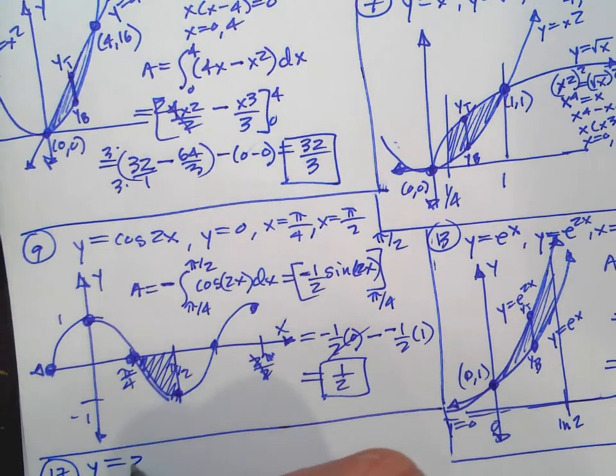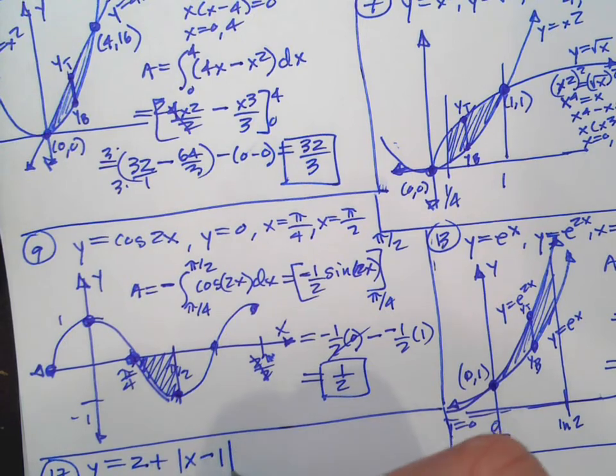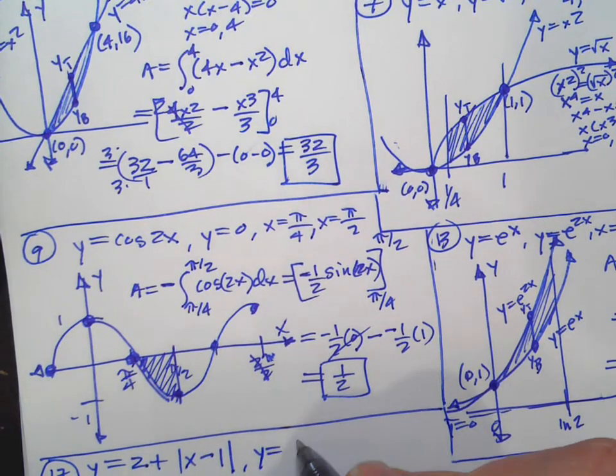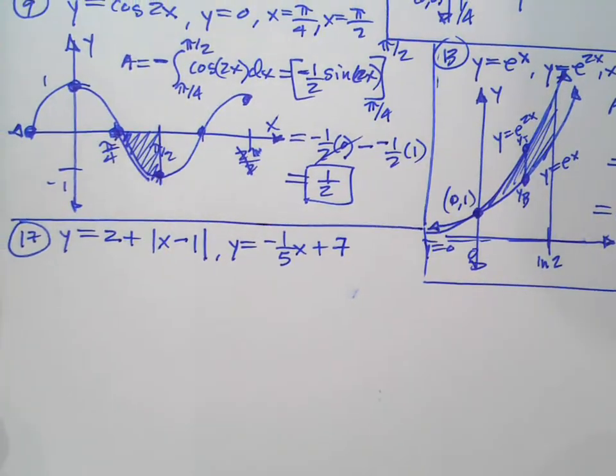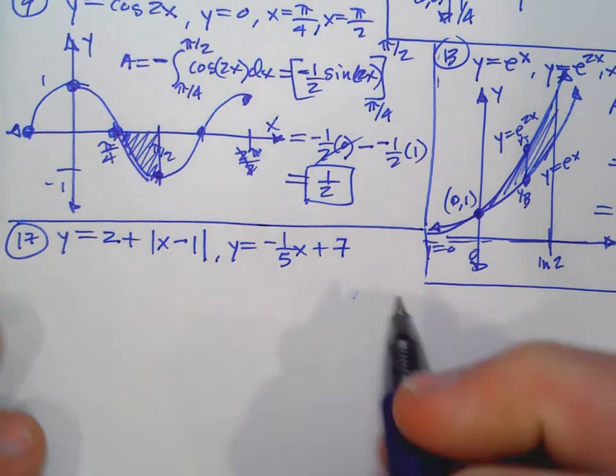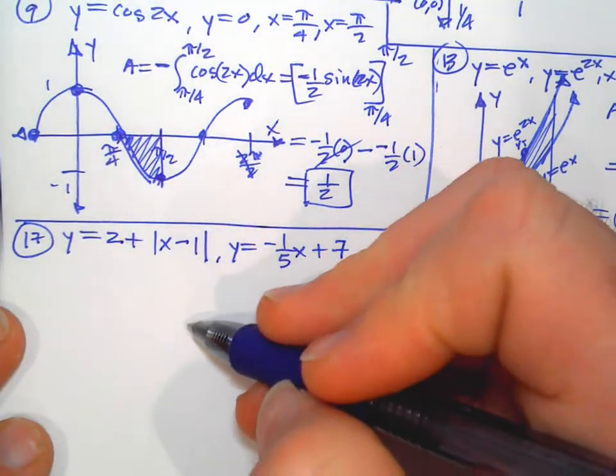This one's crazy. Y equals 2 plus absolute value of x minus 1. Y equals negative 1/5 x plus 7. This one seems kind of crazy.